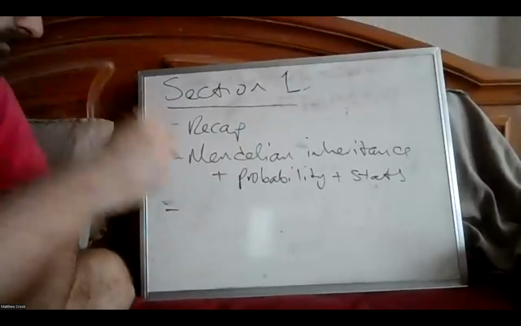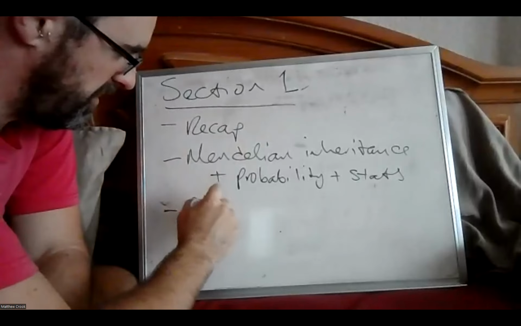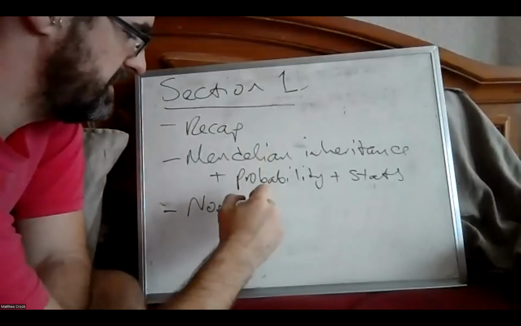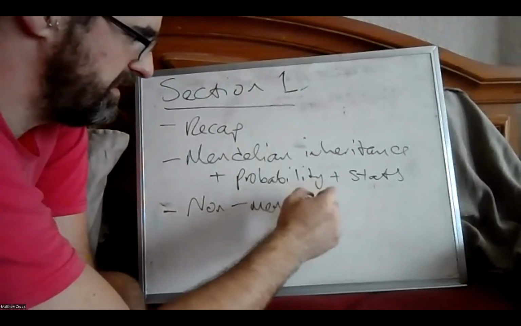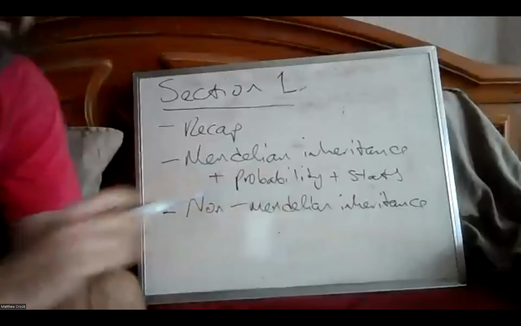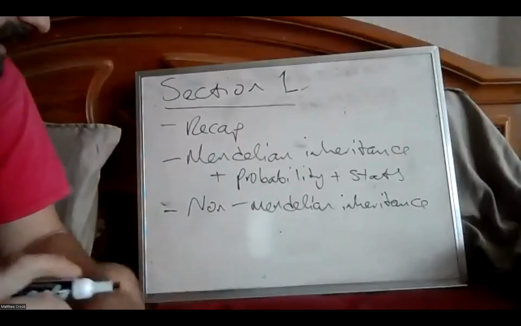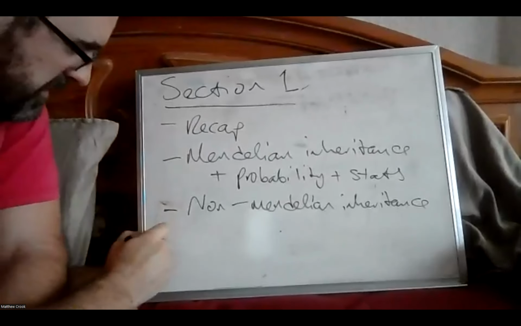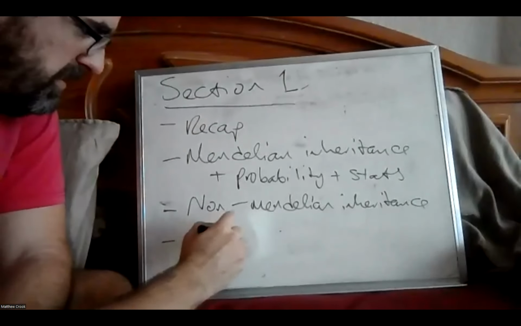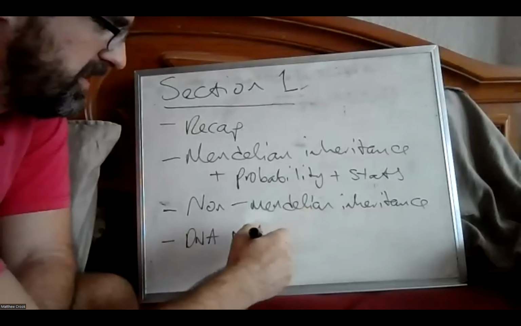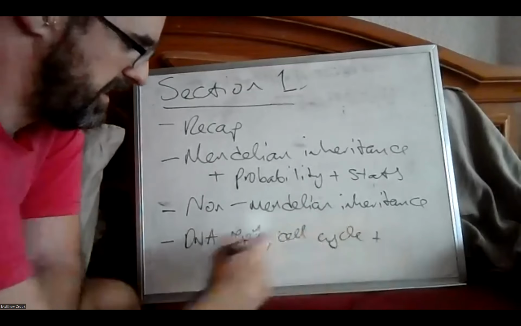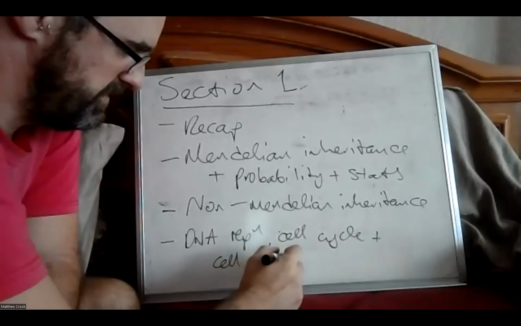All right, so a big chunk of what's left of the section is non-Mendelian inheritance. That's the really fun stuff when it comes to talking about inheritance. Then to finish up, we're going to do DNA replication, cell cycle, and cell division stuff.